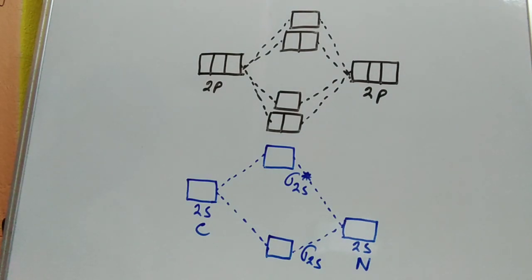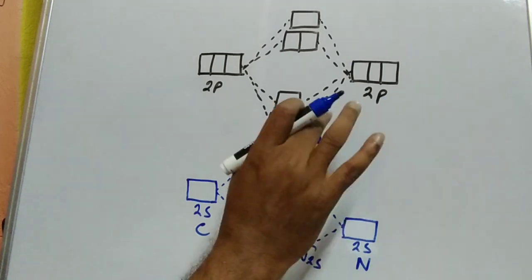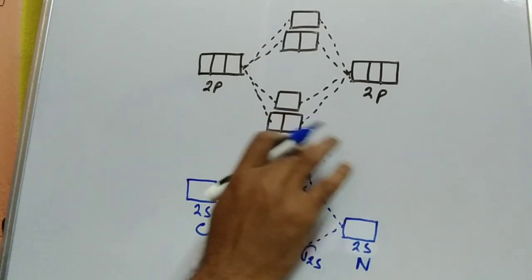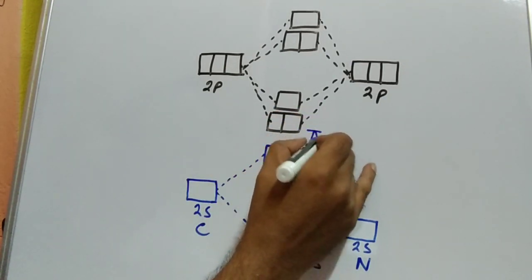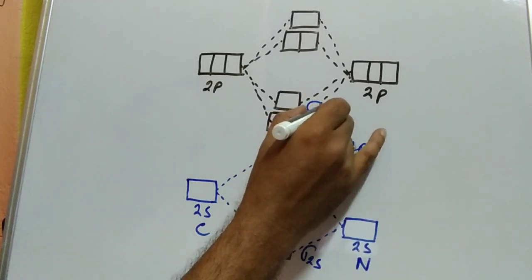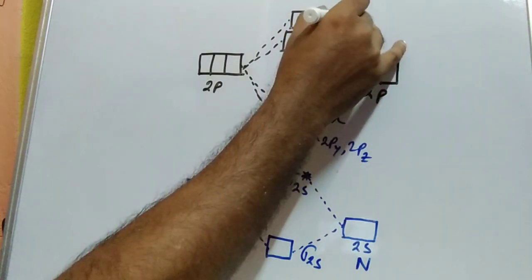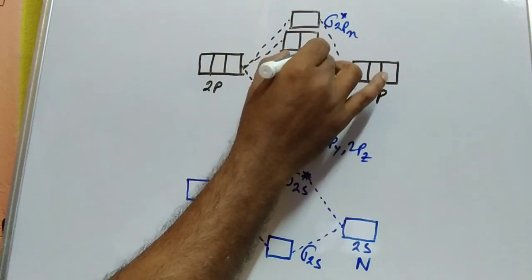Now let us consider the molecular orbital diagram of cyanide, or CN. The carbon atom has 2 plus 4 equals 6 electrons, and the nitrogen atom has 2 plus 5 equals 7 electrons.